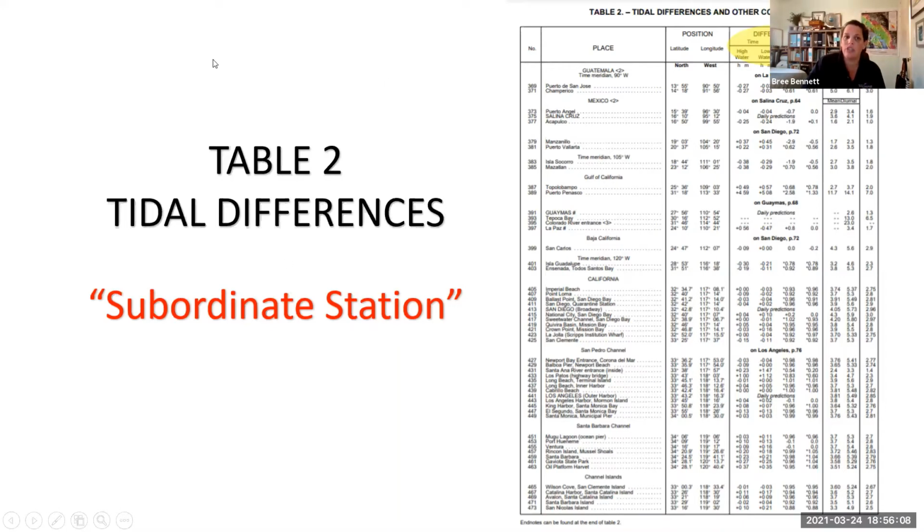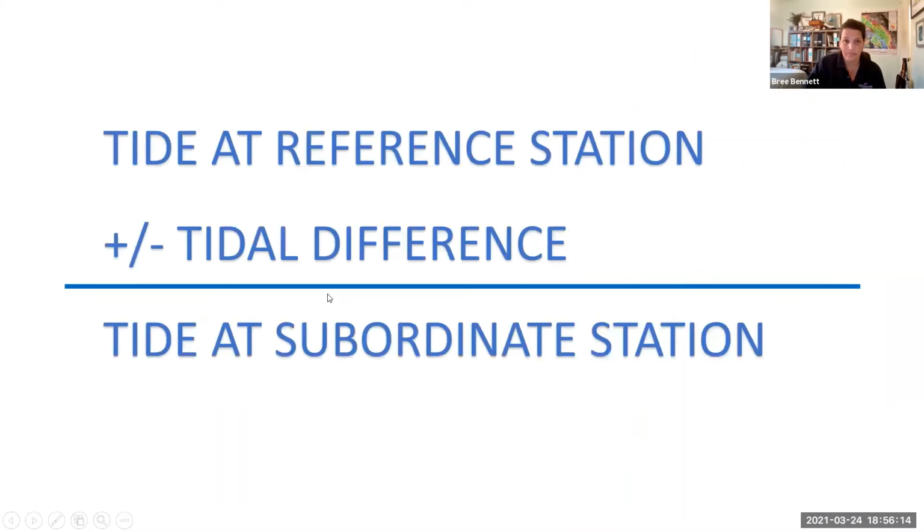And that's what table 2 is, our tidal differences for subordinate stations. I like to put things in an equation, that's the way my mind works. If we find the tide at a reference station and then apply the tidal difference, we will get what the tide is going to be at the subordinate station.